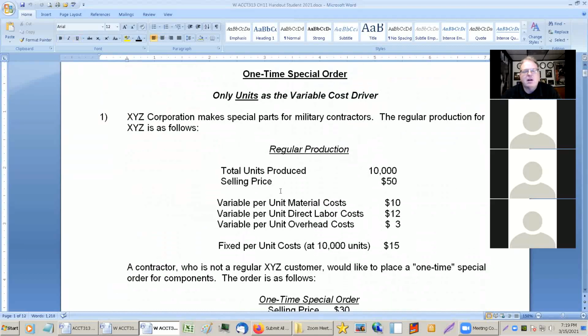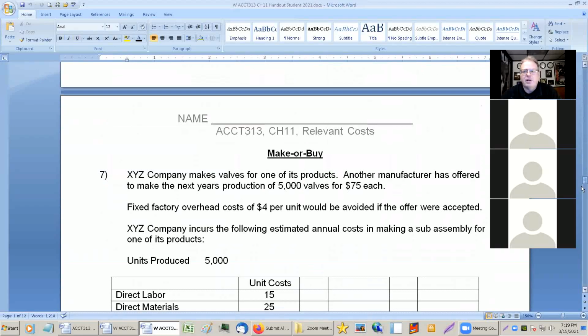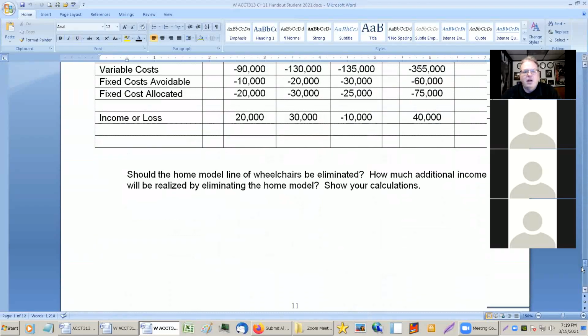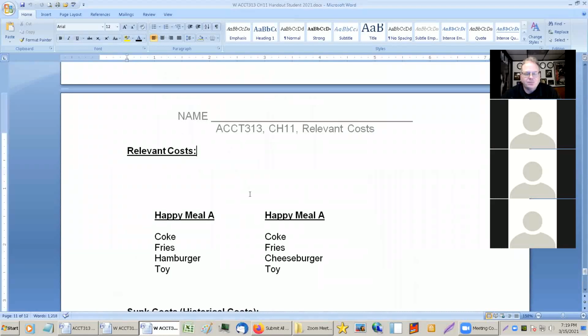We're going to start out a little bit different. We're going to go all the way to the end, handout page 12, and talk a little bit about costs. Okay, relevant costs.